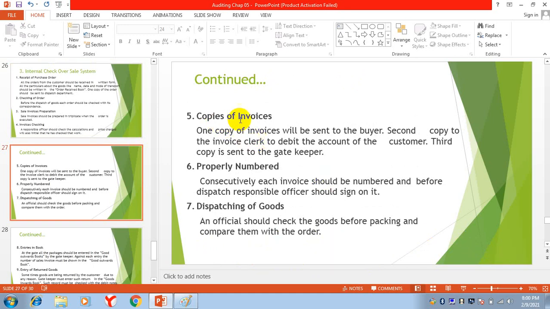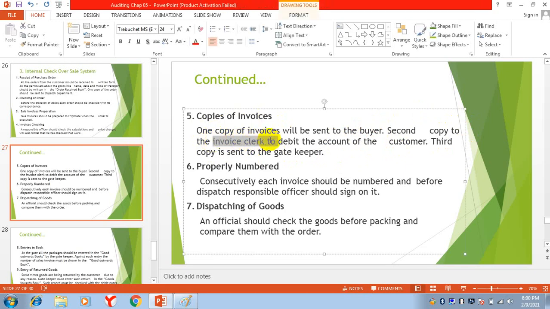The next thing is copies of the invoices. So I told you about this. There should be 3 copies, and one copy will be sent to the buyer, the other copy will be sent to the invoice clerk, because he will make entry in the books of account, and the third copy will be sent to the gatekeeper, because whenever goods are going out of the company, this gatekeeper, he is responsible for the goods.